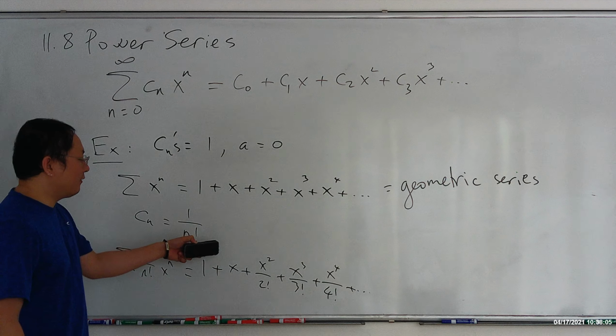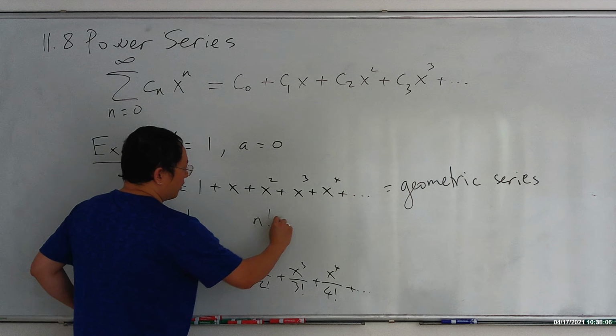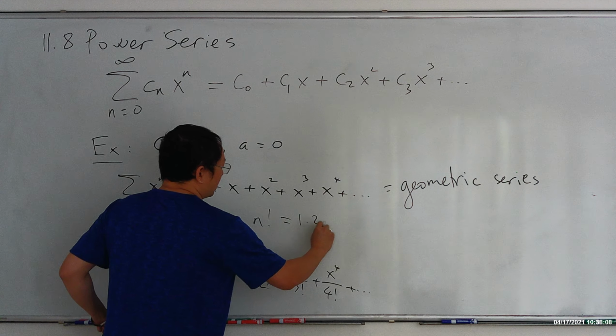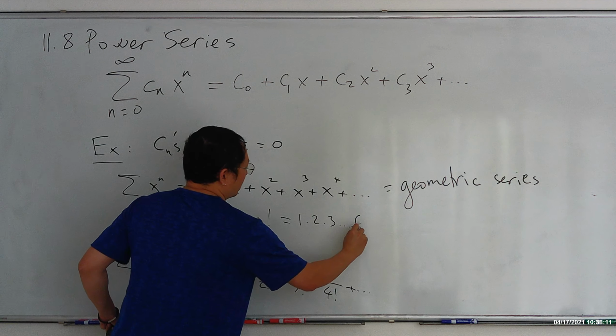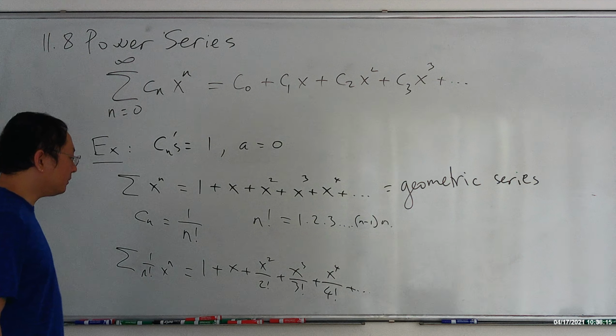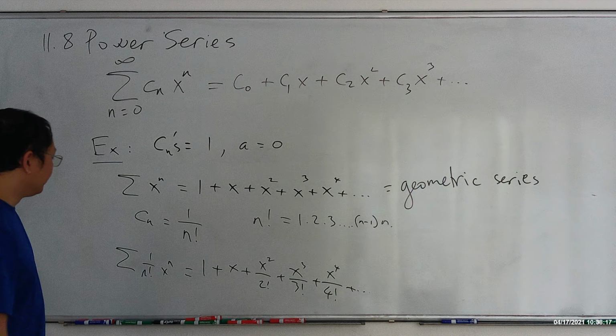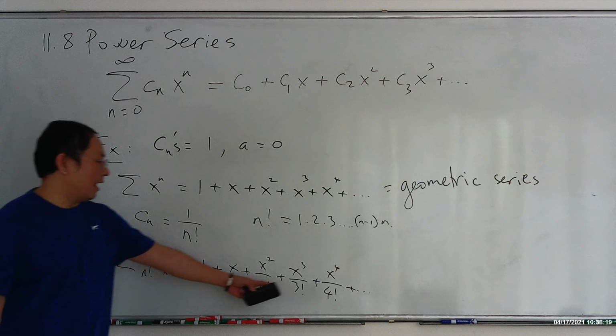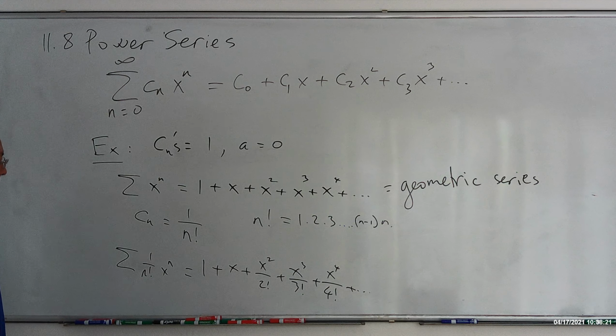We call that n factorial, where n factorial means 1 times 2 times 3, all the way to n minus 1, then times n. This is also another power series, centered at 0.